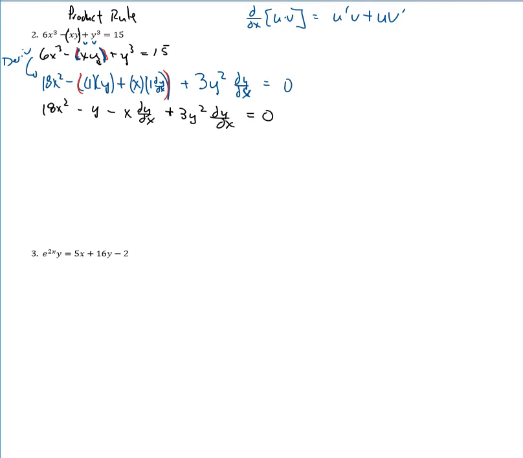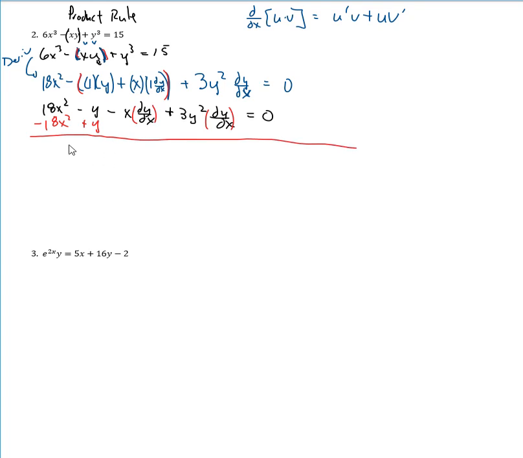Because we have multiple dy/dx terms, I want these on the same side by themselves without any other terms with them. So this 18x squared, I'm going to want to move over, and this y, I'm going to want to move over. So I'm going to subtract and add.